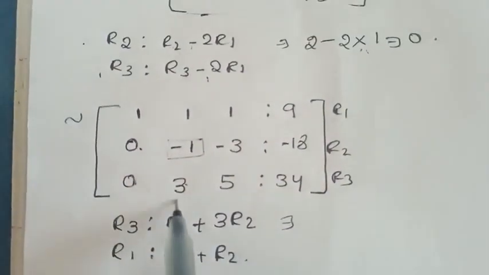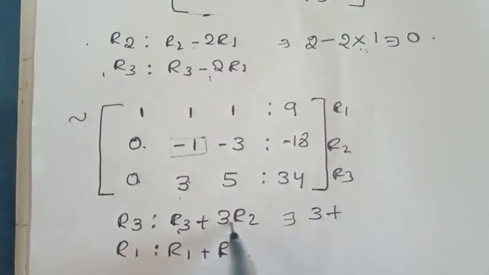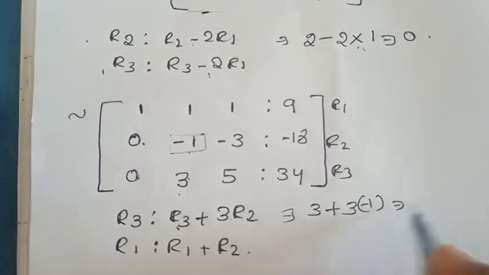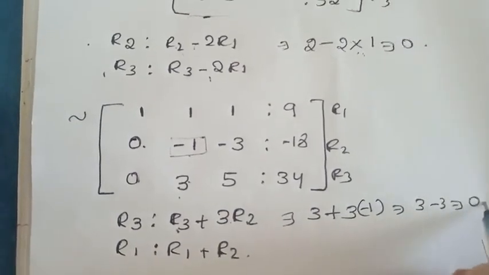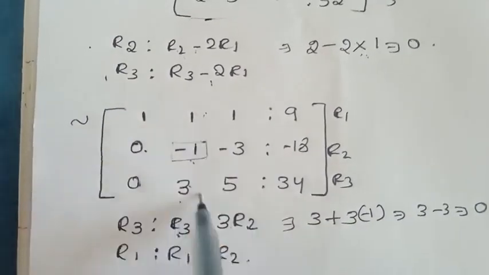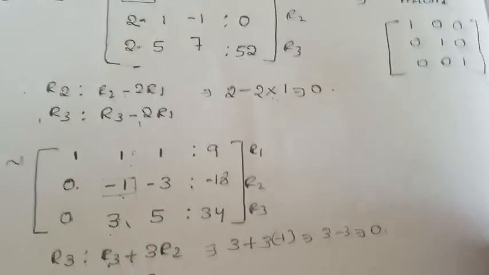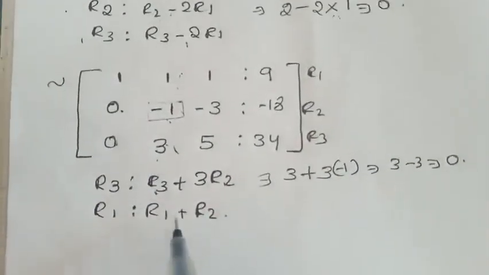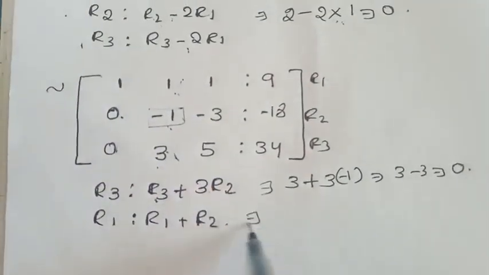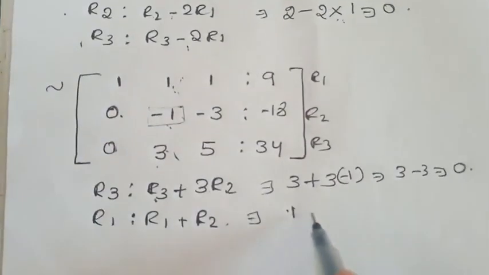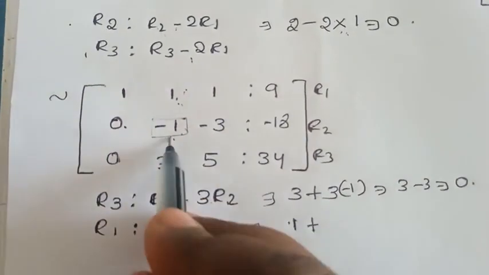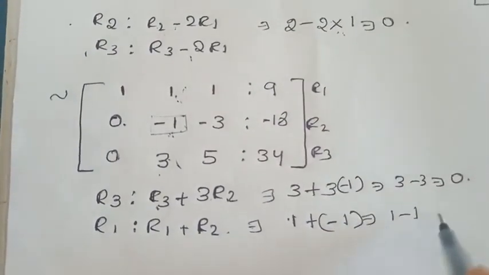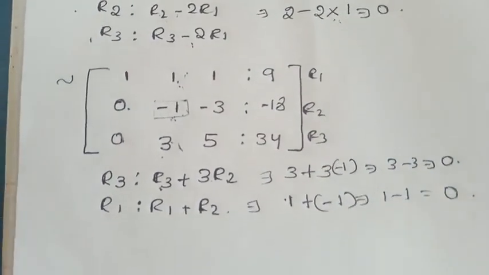What's our R3 value? 3 plus 3 into R2, R2's value minus 1. 3 minus 3, it will be 0, right? We have to make this and this 0 because we have to get this identity matrix format. And same here, R1's value 1, then plus R2's value minus 1, 1 minus 1 is equal to 0. Yes.